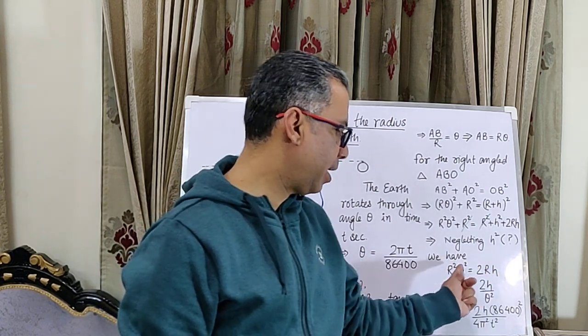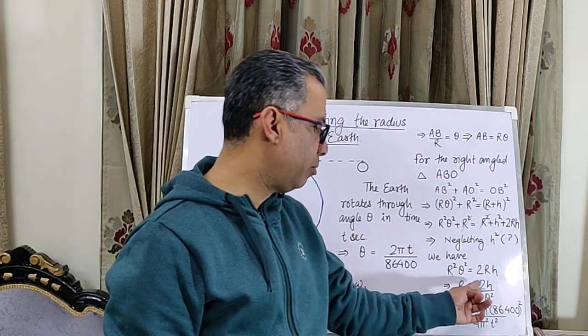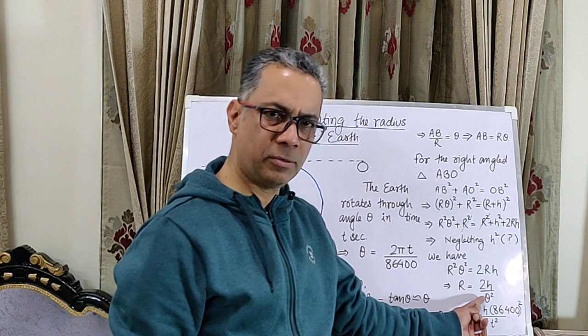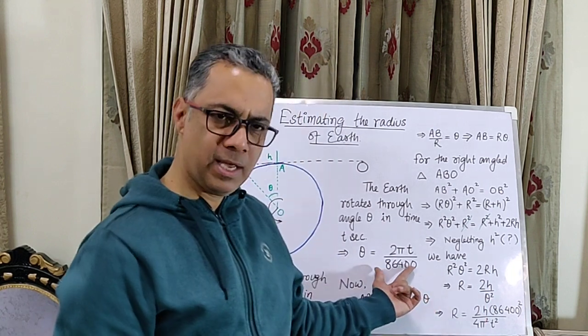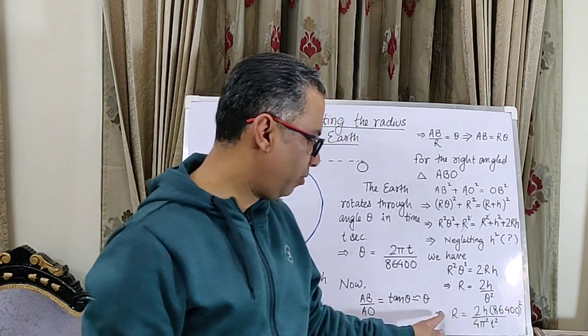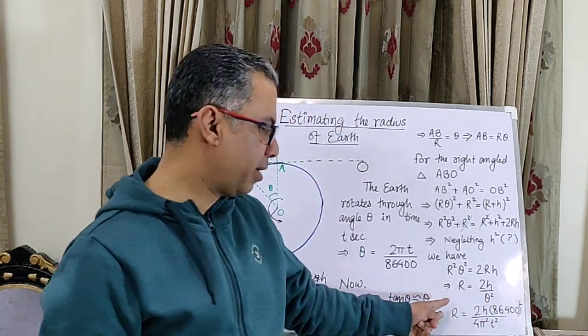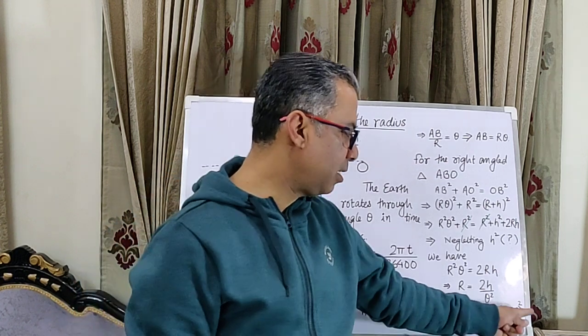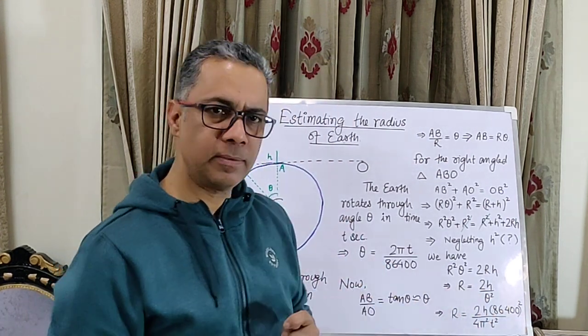The R here again cancels, and we have R equals 2H by theta square. And theta we had already estimated. We substitute the square of theta here, and we get this value for the radius of the Earth. This is the magnitude of the radius of the Earth.